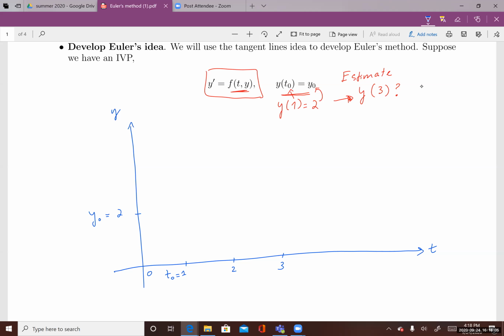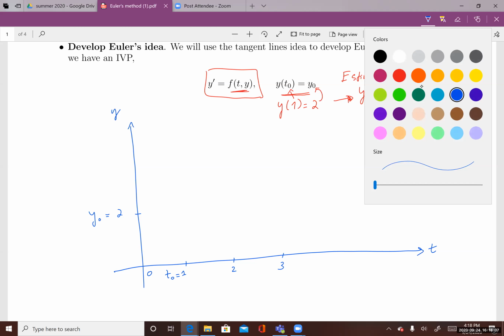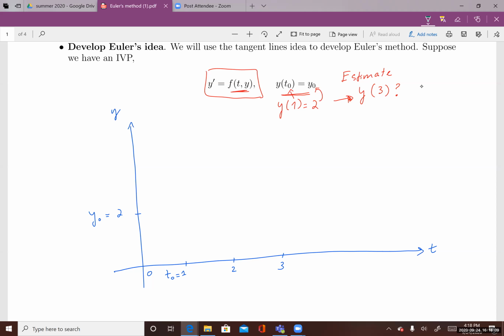Okay, so now I want to use the point t0, y0 here in order to estimate the next point on the solution curve. Just imagine I have a solution curve somehow, right? But I want to start from this point, this initial point, go to the next step.